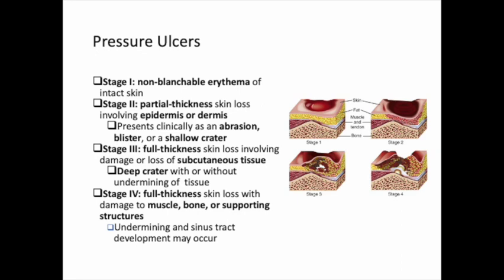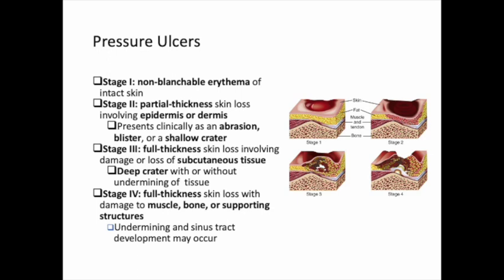In a stage 2 pressure ulcer, this is a partial thickness skin loss with exposed dermis, and you might see erosion, ruptured, blistered, or it could even be intact, but it involves the epidermis or the dermis, and you might see a shallow open ulcer with a partial thickness, or a stage 2.